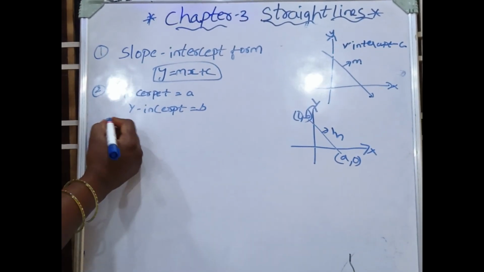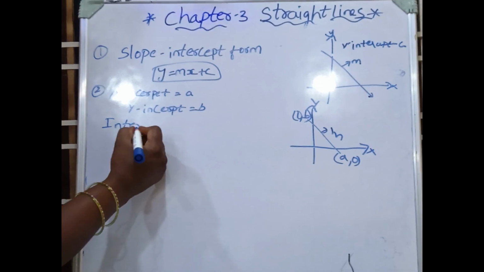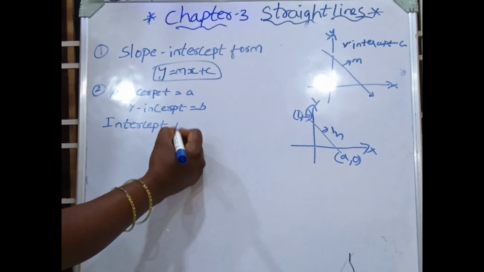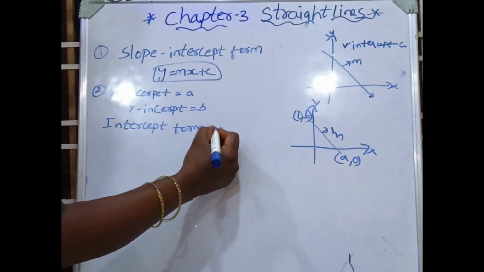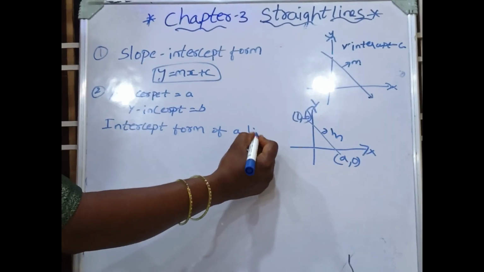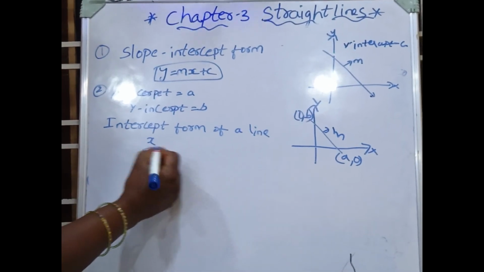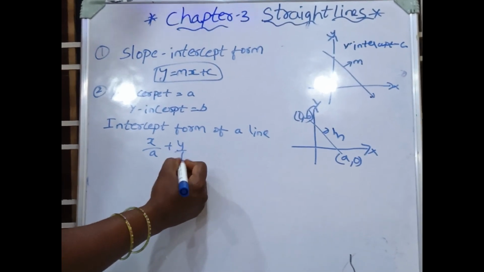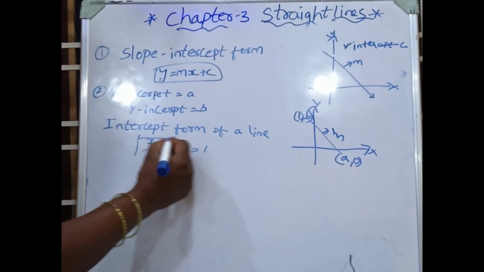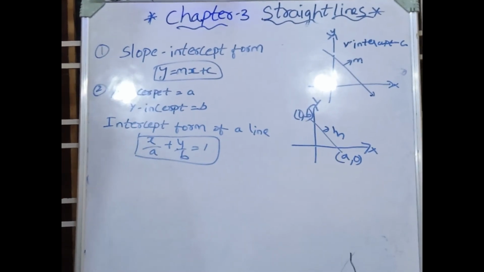The intercept form of a line is x by a plus y by b equal to 1. This is the intercept form formula.